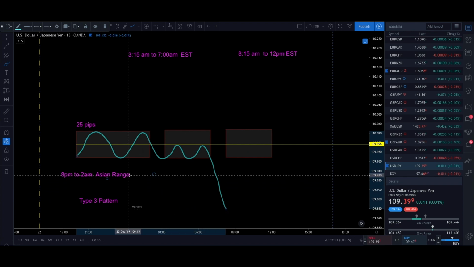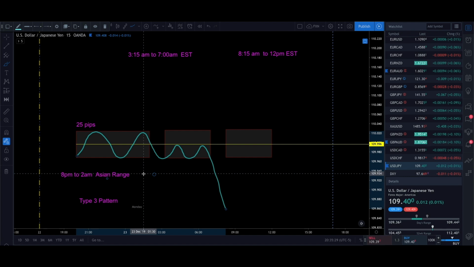So for a type 3 setup to be valid for us, we need it to come down to the bottom and then come back up and get stuck. Very important, because you will see that, and I'm going to show you some different examples of all of these in live charts so you can know exactly what you're looking for in the different types of setups.